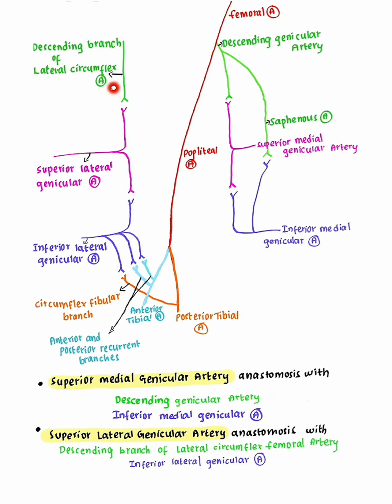Lateral circumflex femoral artery is a branch of profunda femoris artery, which is a branch of femoral artery. Superior genicular arteries on one side anastomose with inferior genicular arteries. On the lateral side, superior lateral genicular artery anastomoses with descending branch of lateral circumflex femoral artery. On the medial side, superior medial genicular artery anastomoses with descending genicular artery.